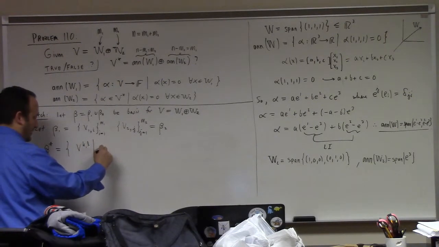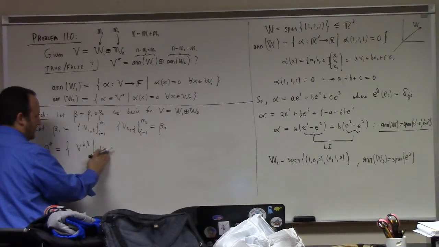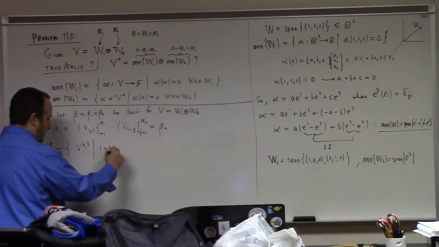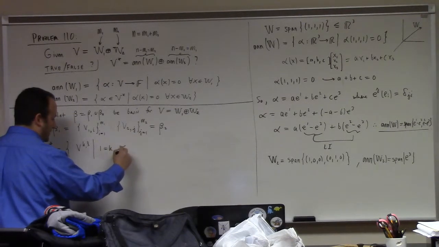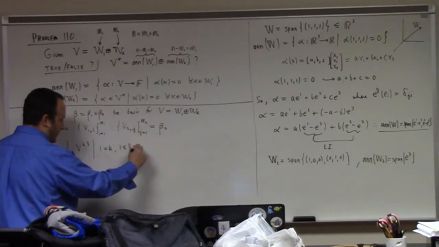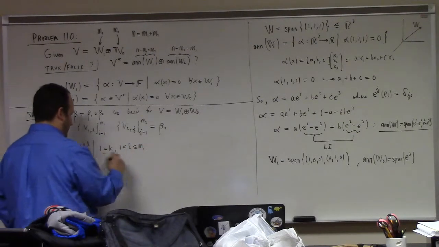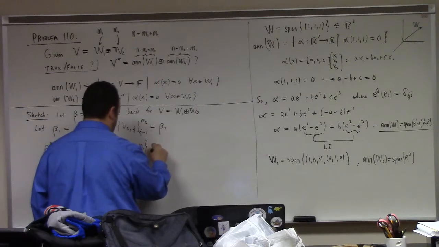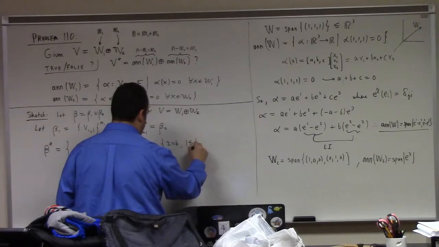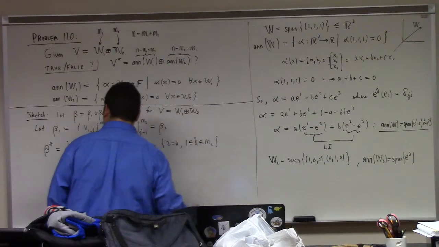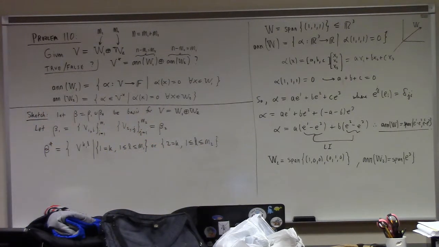So K equals 1 means that 1 is less than or equal to L is less than or equal to m1. Or K equals 2 and 1 is less than or equal to L is less than or equal to m2. I mean, these are the two choices with my notation.